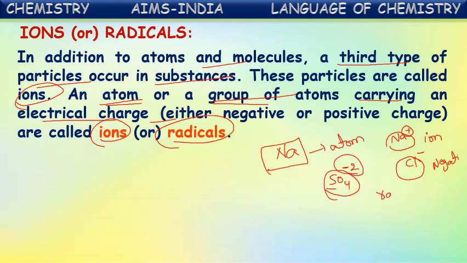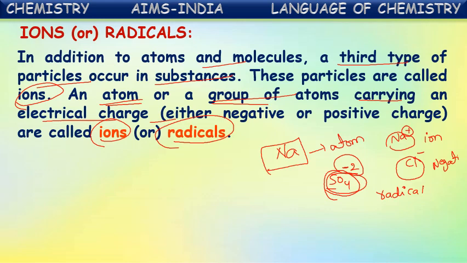This is called a radical. Do you understand the difference between the ion and radical? Ion means a single atom or element. Radical means a group of atoms, more than one. It can be 2, 3, 4, more than one, having some electrical charge. Those are called radicals.